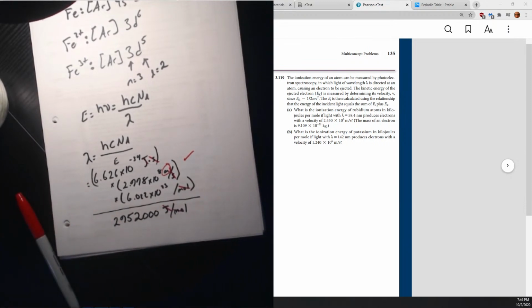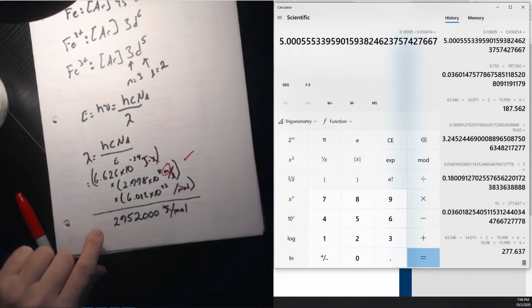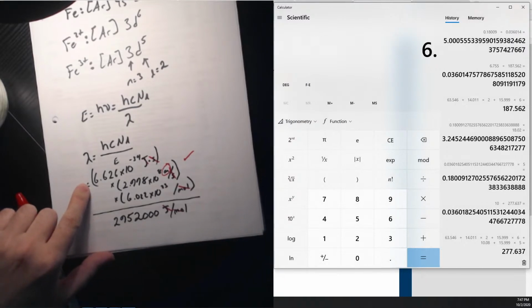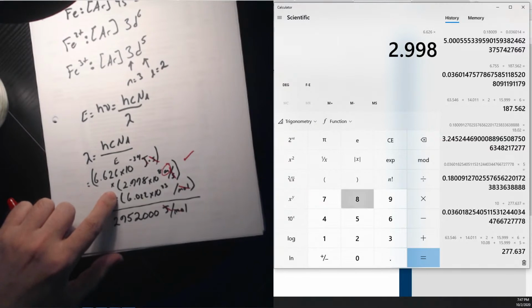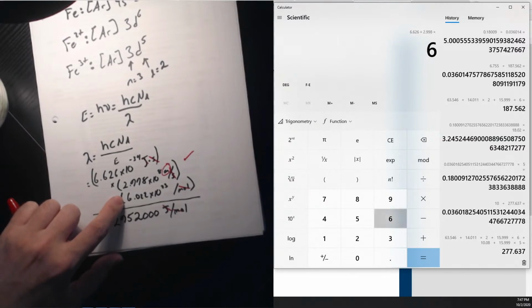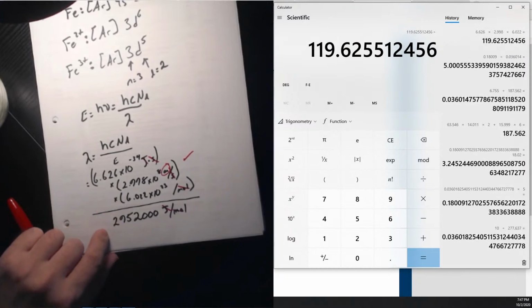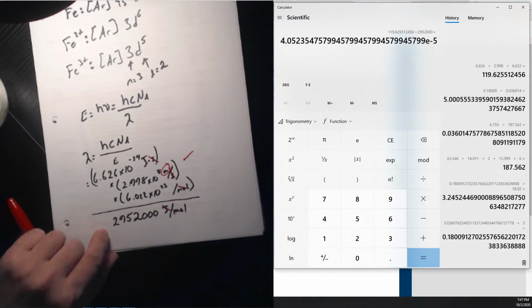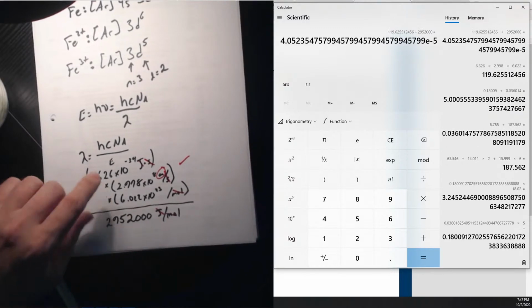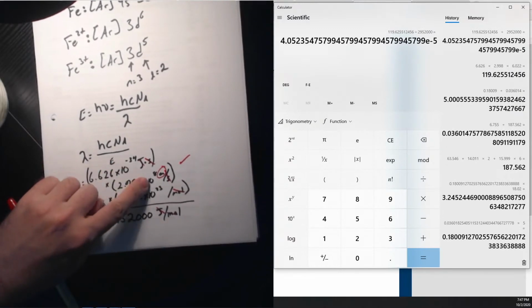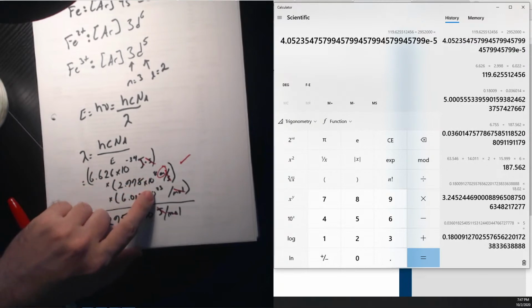So I bring up my calculator. 6.626 times 2.998 times 6.022 divided by 2952000. All right. So negative 34, that's positive 26.